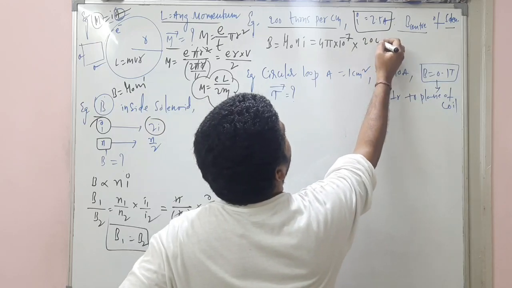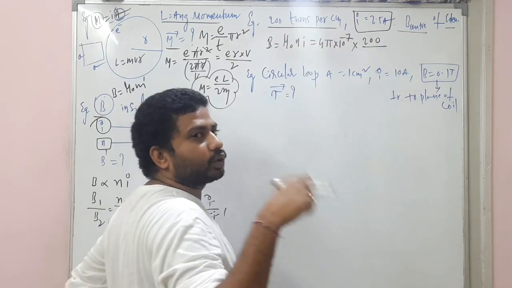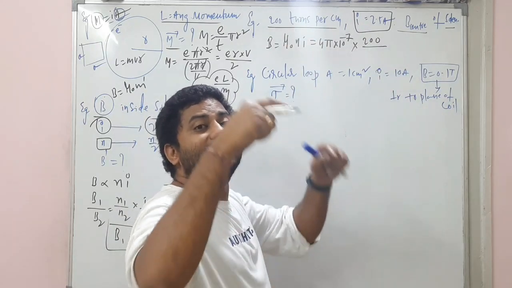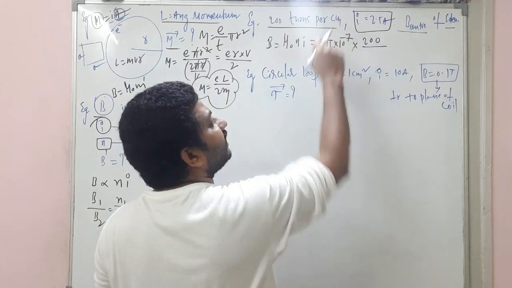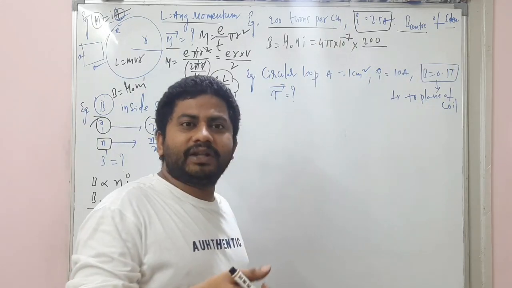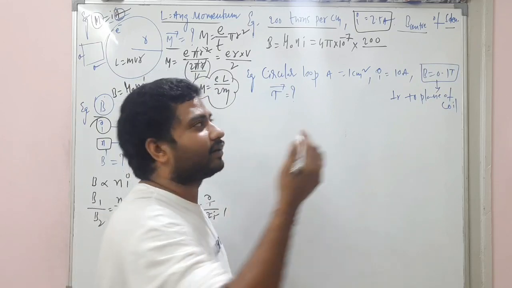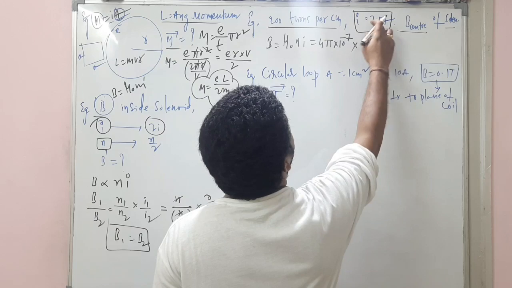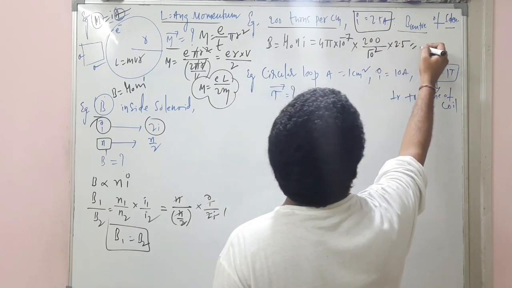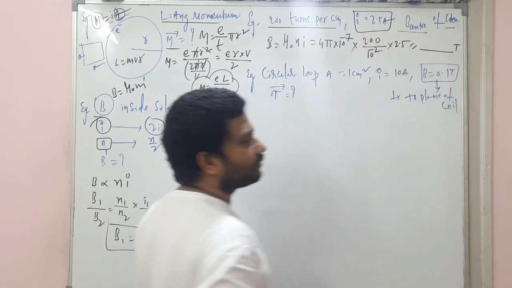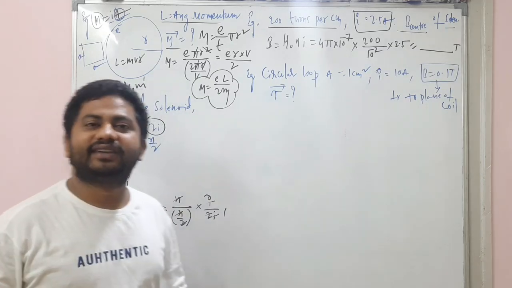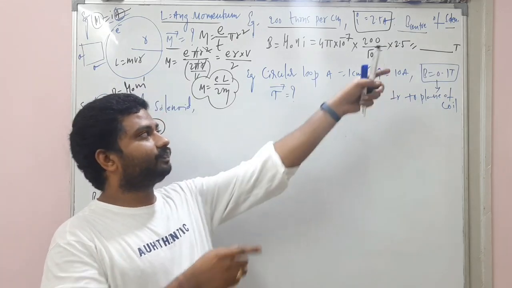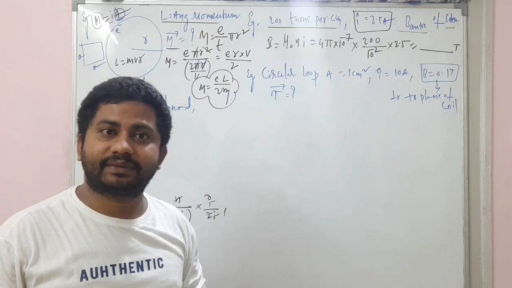The number of turns is 200 per unit length, but the length is given in centimeter. Unit length means we should take SI units, the meter. So that is 10 raised to minus 2, into I. It's 2.5. If you solve, you will get the answer. Check it and send me the answer on WhatsApp.